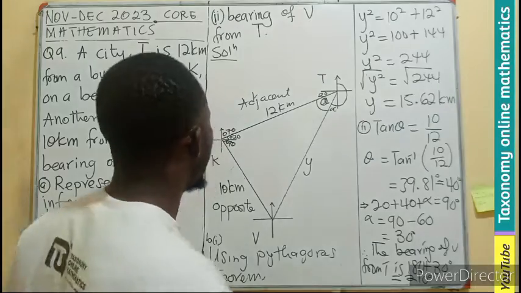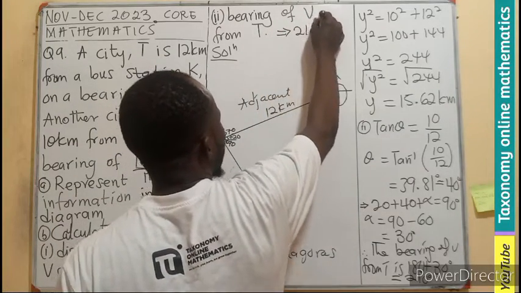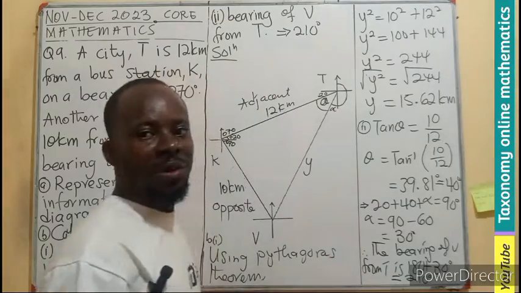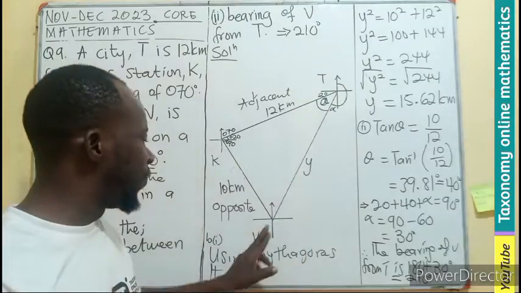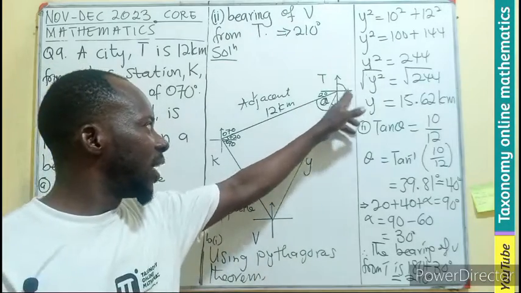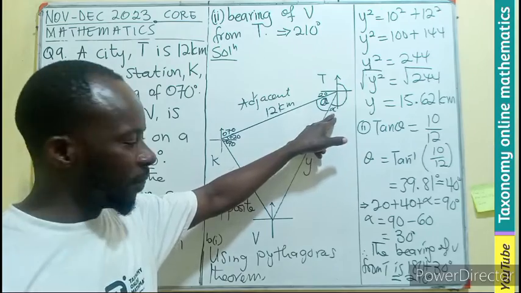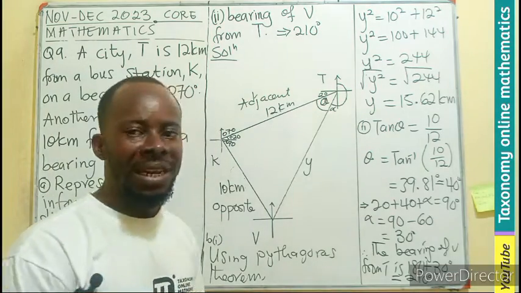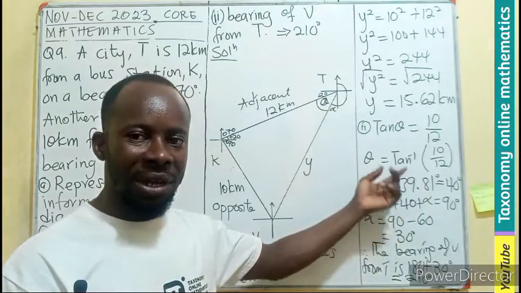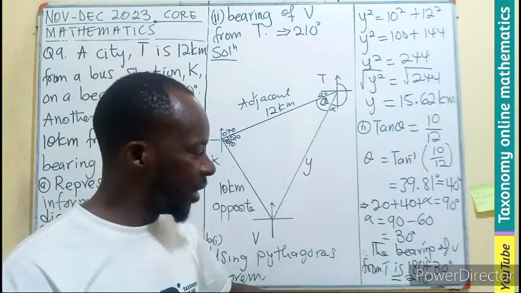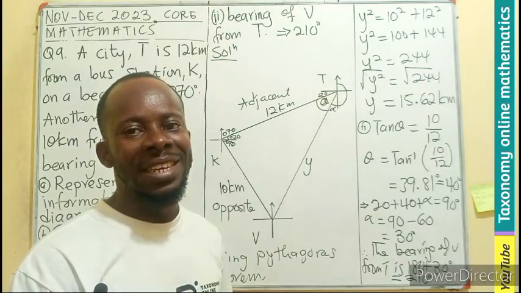I believe we can write this here as 210 degrees. The space is not that much. So the bearing of V from T is 180 plus this 30, which gives 210. Don't forget, we can still use 39.81 in the calculation and round at the end. Still, we get 210 degrees.